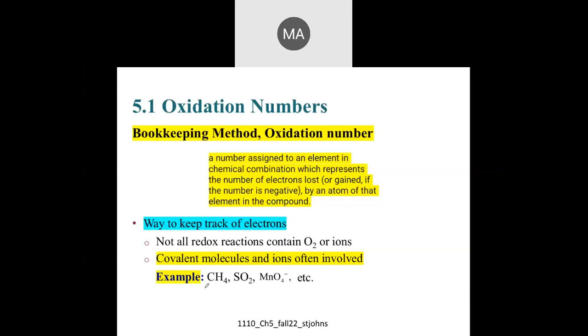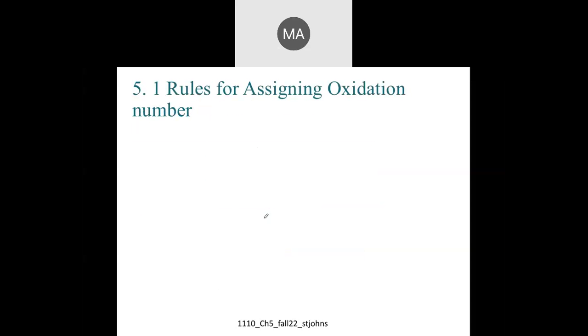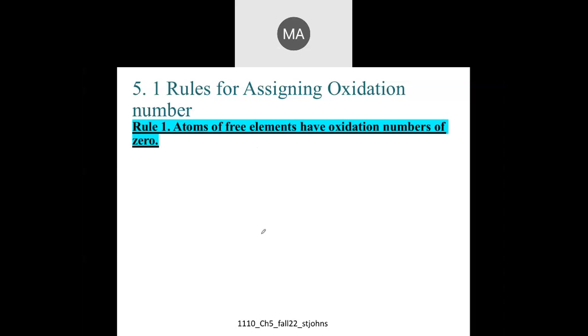For example, we can see here the methane, sulfur dioxide, MnO4, etc. Now, we have to look into the rules for assigning oxidation number. I must say that here we have some rules, and at the same time we have some exceptions. So when we do practice and more practice, we will be confident and sure how to calculate the oxidation number.